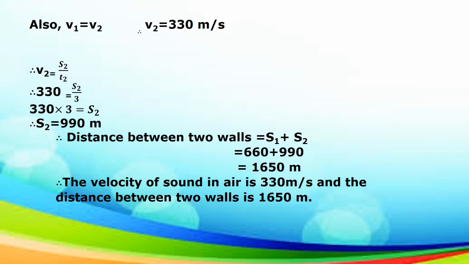So therefore the distance between two walls is equal to S1 plus S2. S2 we got, that is 660 plus S2 990, which is equal to 1650 meter. So therefore the velocity of sound in air is 330 meter per second and the distance between two walls is 1650 meter.